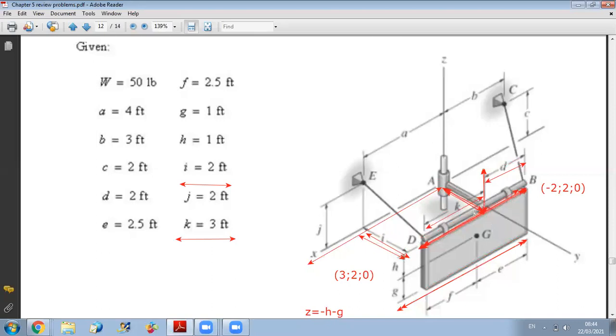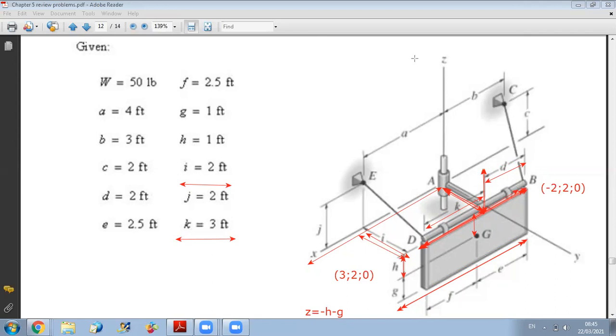It's below it at a distance of h. So G will have a negative Z coordinate equal to minus h.